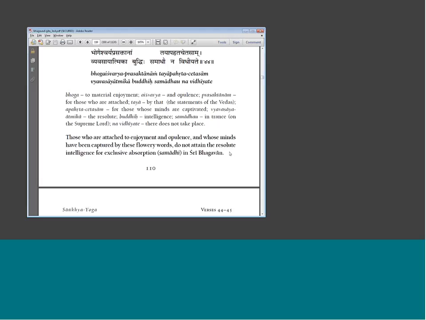Even though the practices are different, in the bhakti path there's more of an emphasis on hearing, chanting, remembering, serving, doing different types of temple activities. There are nine limbs of bhakti, and it does not involve so much the asanas, but there is also the meditation aspect.